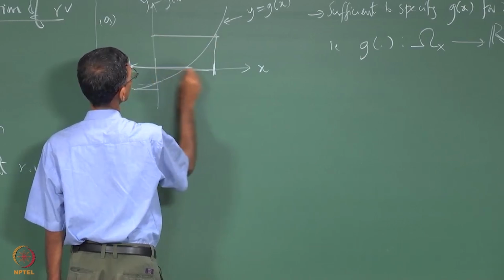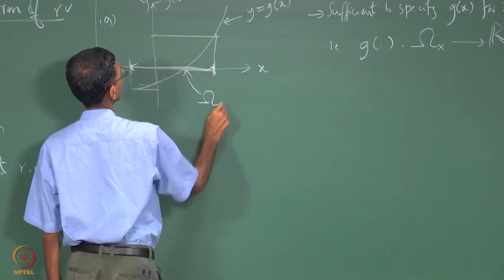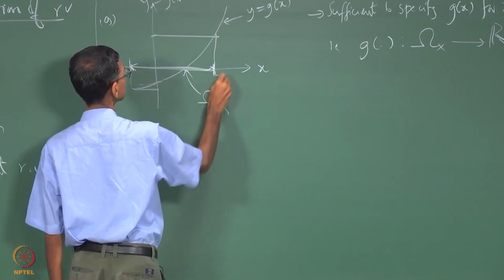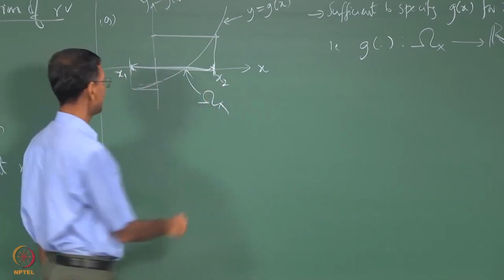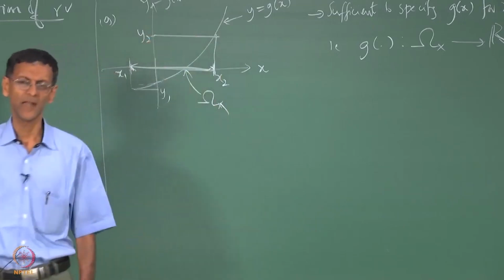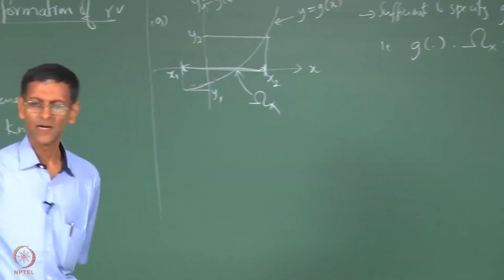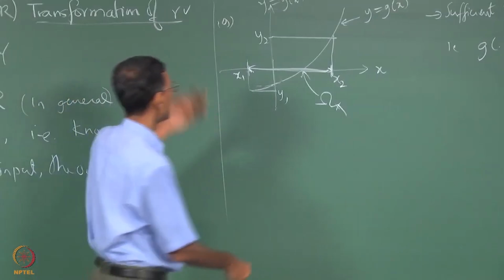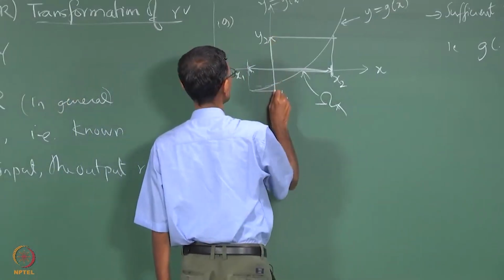If this is my omega x, let us say from x1 to x2, then in this particular example I will only observe values from y1 to y2.